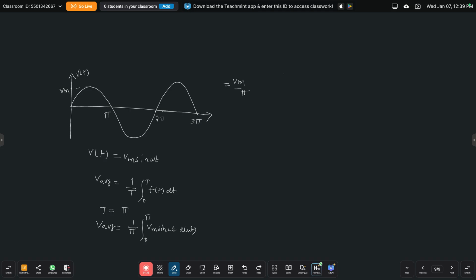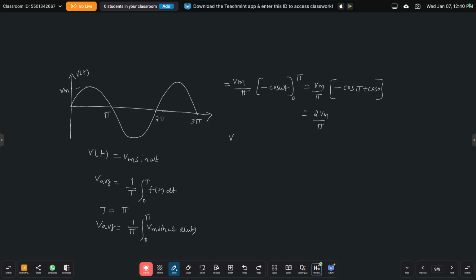The integration of sin omega t is nothing but minus cos omega t, and apply the limits from 0 to pi. So which is equal to Vm by pi times minus cos pi plus cos 0, which is equal to 2Vm by pi.